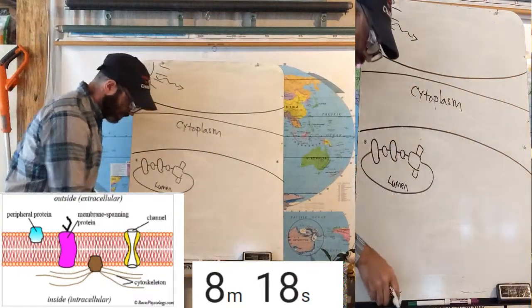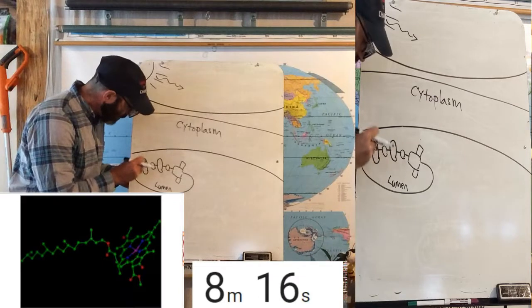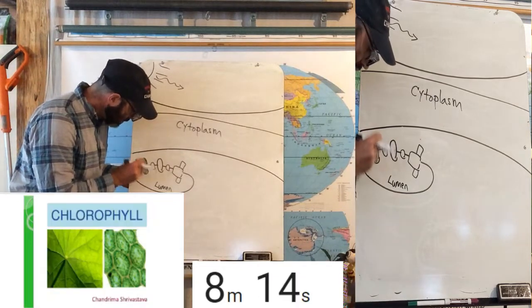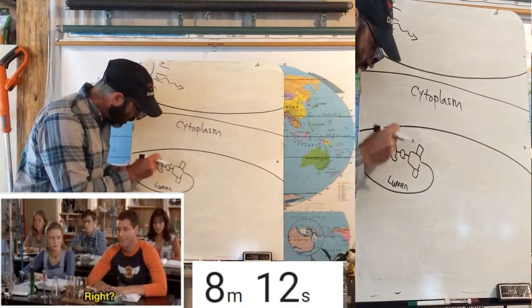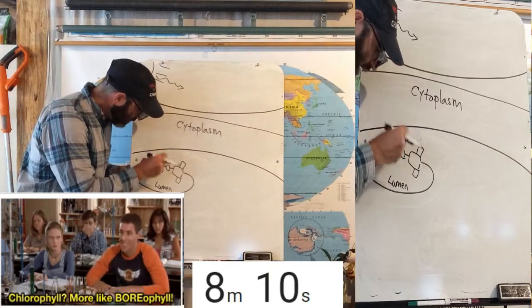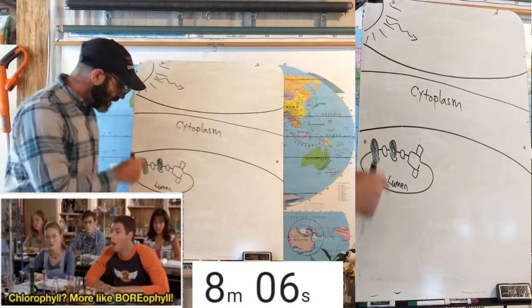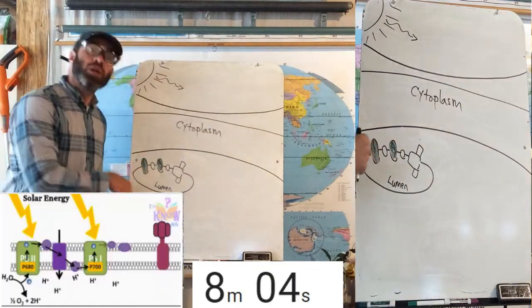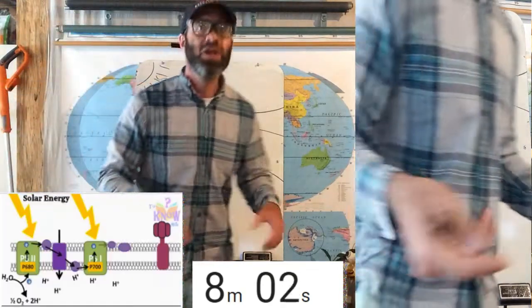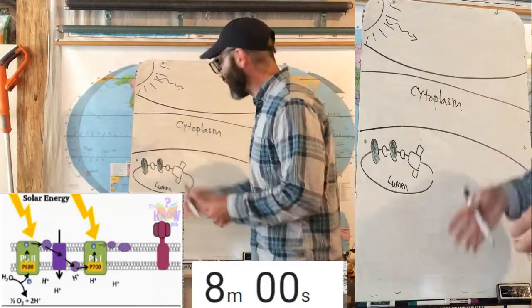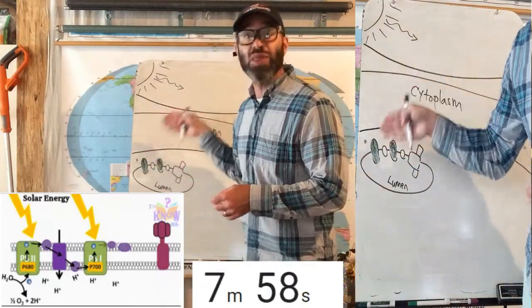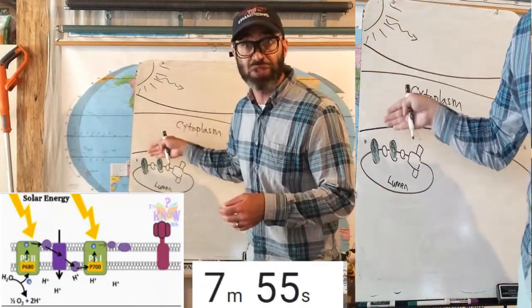Now you've heard of chlorophyll. Chlorophyll? More like borophyll. Right? This is where chlorophyll is. Chlorophyll's in the chloroplast, yes, but chlorophyll is inside of proteins in the thylakoids called photosystems.